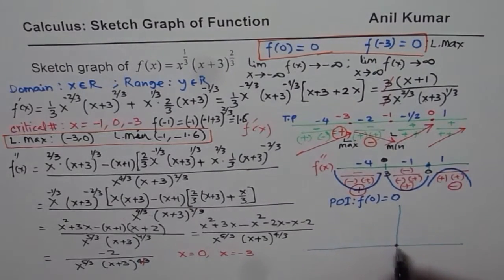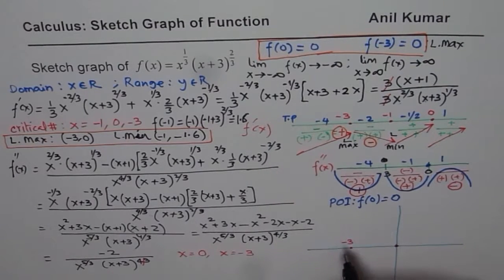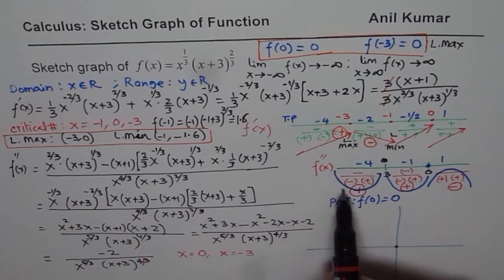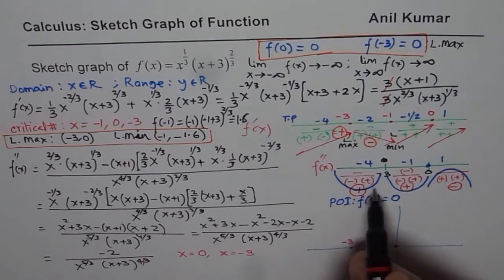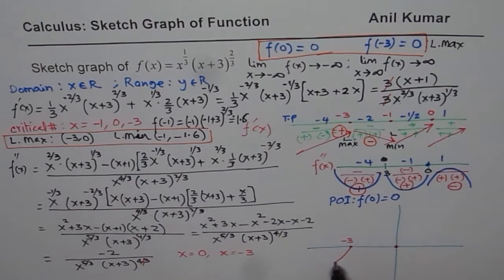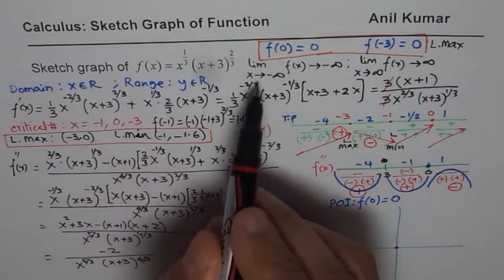So let us say this is at 0 and let this be -3 for us. These are my x-intercepts. Now the graph is concave up in these two intervals. So from negative infinity to -3 it is concave up. So we get a graph like this, and it is going to negative infinity. That is the end behavior, right? Which we found at this stage, correct?